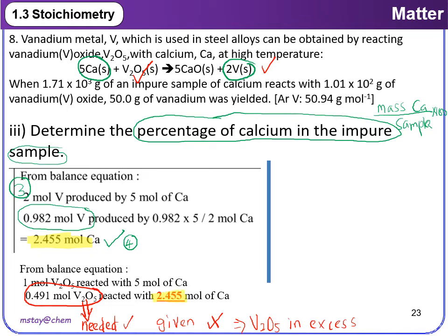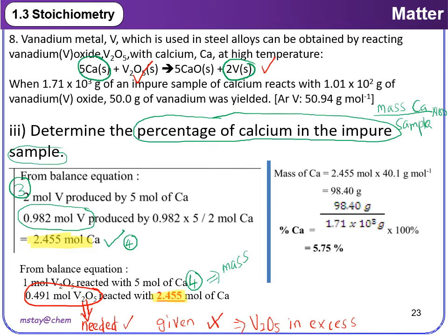So when we have this number of mole of calcium, we can convert it into mass by multiplying with the molar mass, so we get the mass of calcium. Then divide by the mass of sample, multiply by 100%, and we will get the percentage by mass of calcium in the impure sample.